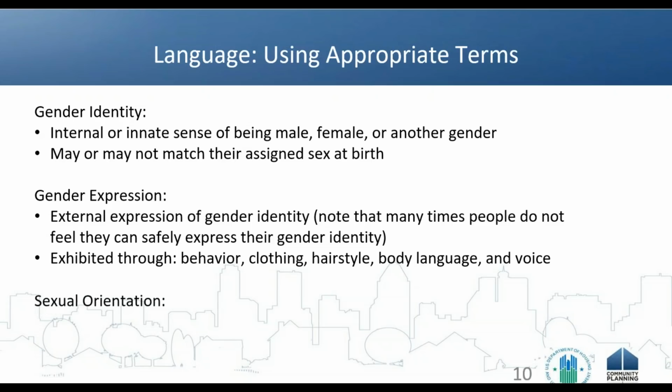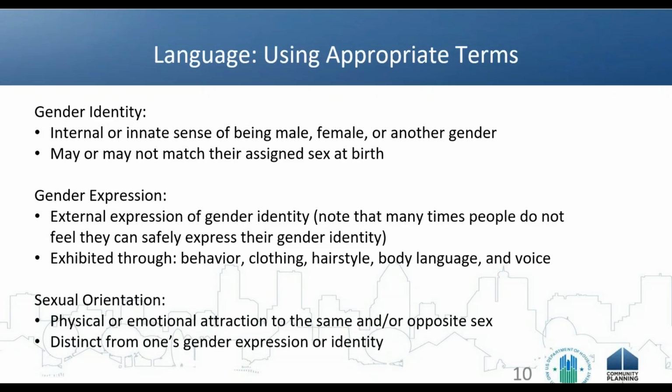Separate from both of those features is sexual orientation. And this is our physical and emotional attraction to other people and where that is oriented in the world. All of the science that we have access to indicates that these are not connected. Your gender identity and gender expression are not necessarily connected to your sexual orientation.